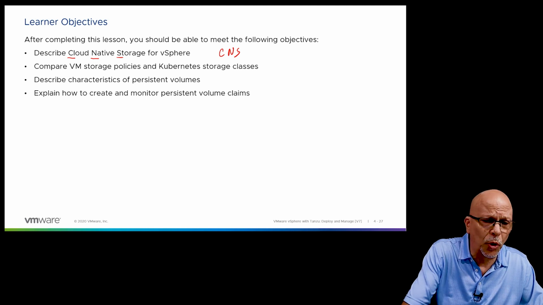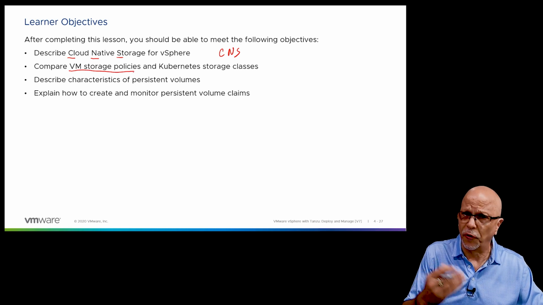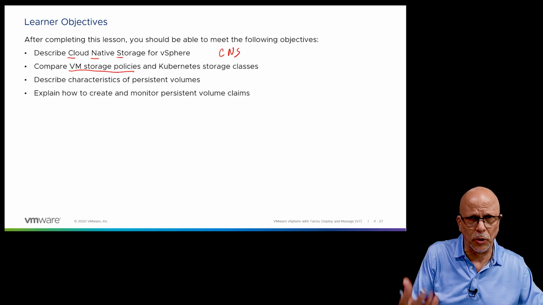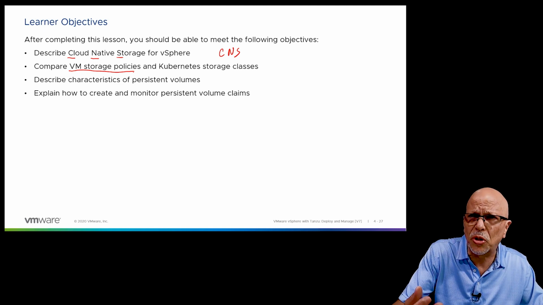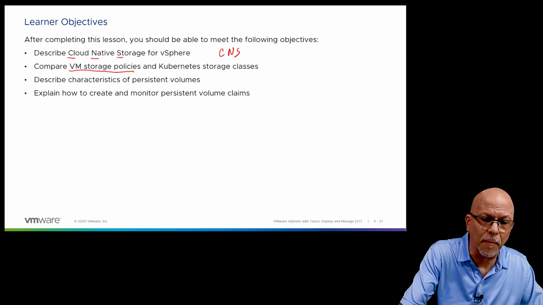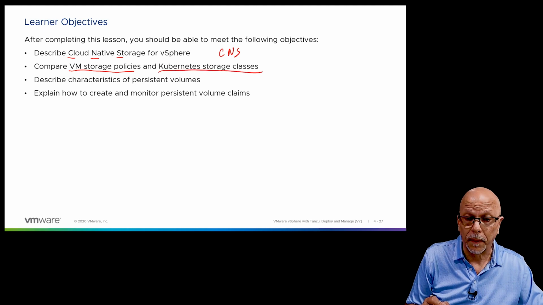What we're doing is we're going to take virtual machine storage policies. If you're familiar with vSAN, you've used storage policies. And we're going to expose them or implement them as a Kubernetes storage class.